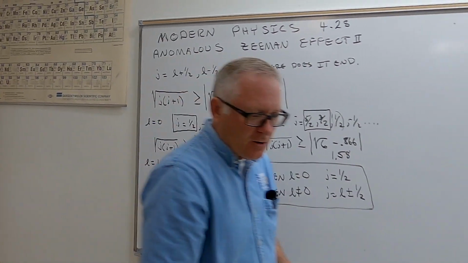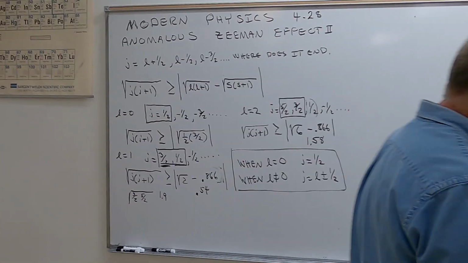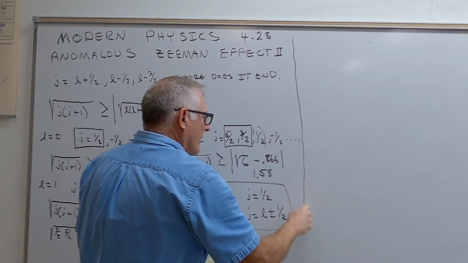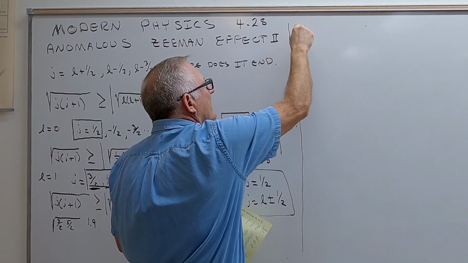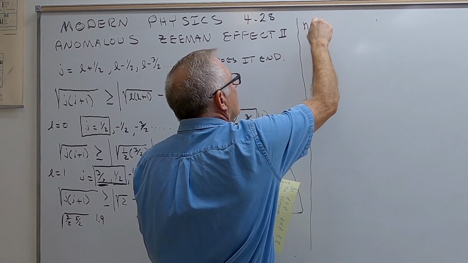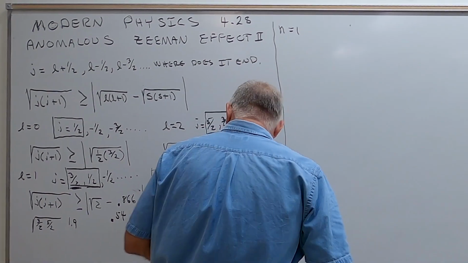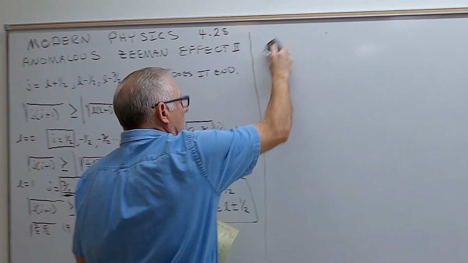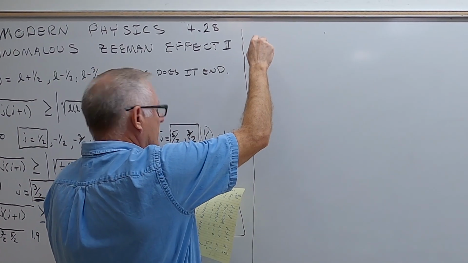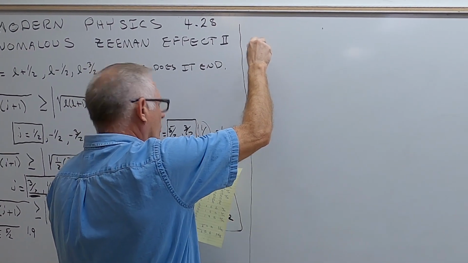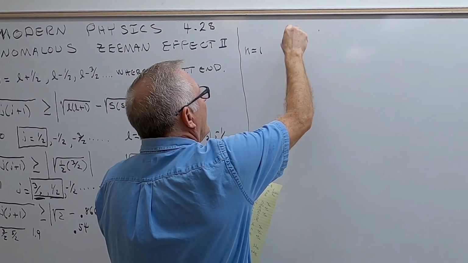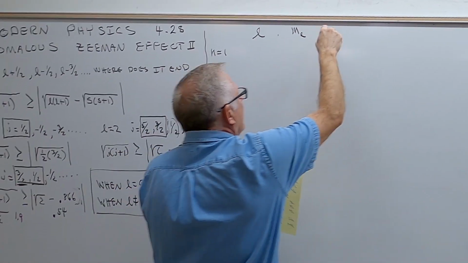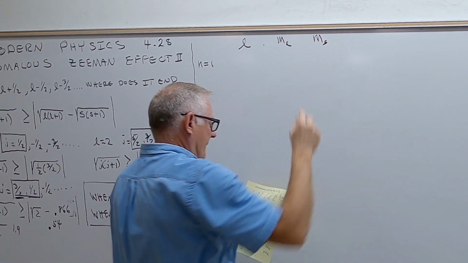So now let's just go through our states here for a minute. Let's look at our form. First of all, where n equals 1. And I want to know, actually I'm going to bring it down just a little bit. N equals 1. I want to know what the L is, the M sub L, the M sub S. That was the old way we did it.